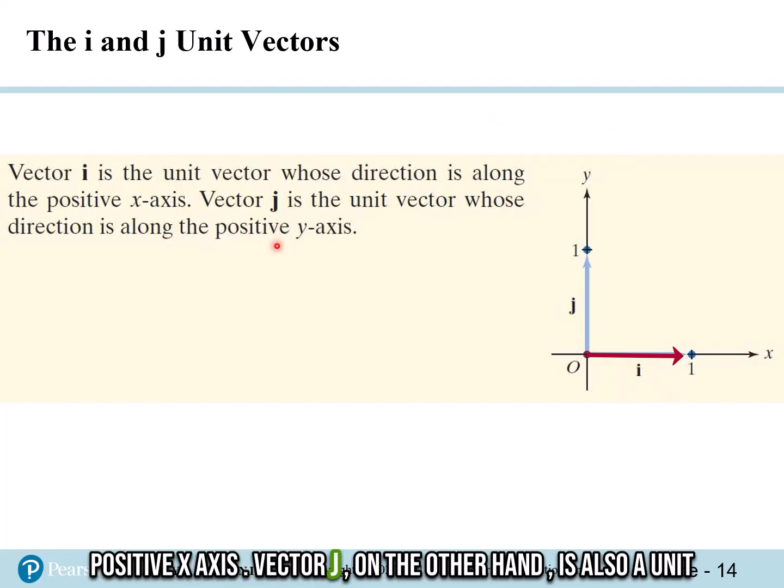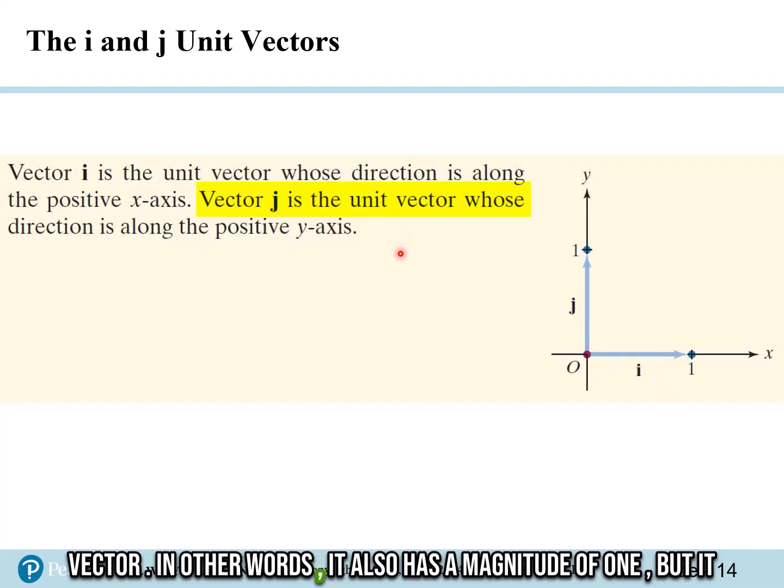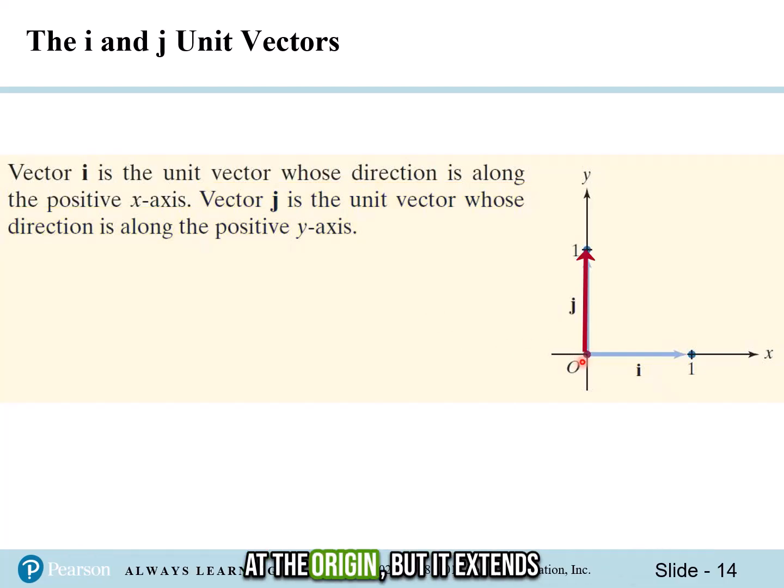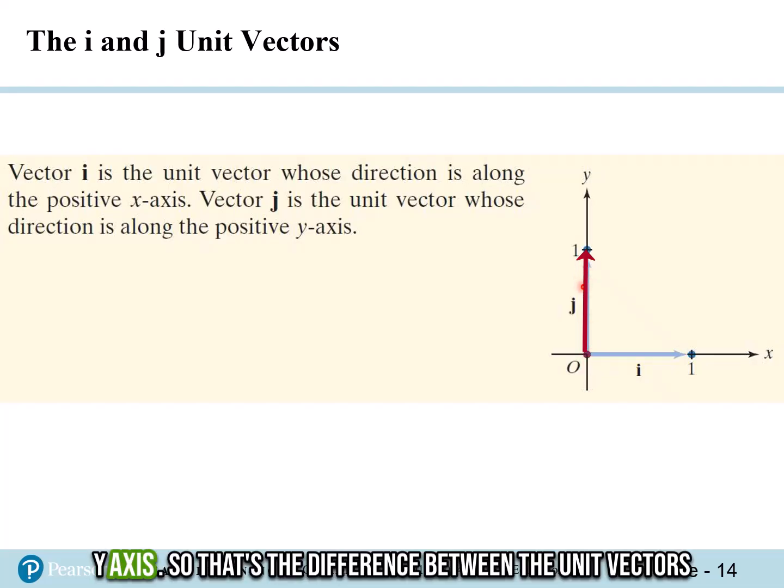The vector j, on the other hand, is also a unit vector. In other words, it also has a magnitude of 1, but it runs along the positive y-axis. Its initial point is also located at the origin, but it extends 1 unit along the positive y-axis.